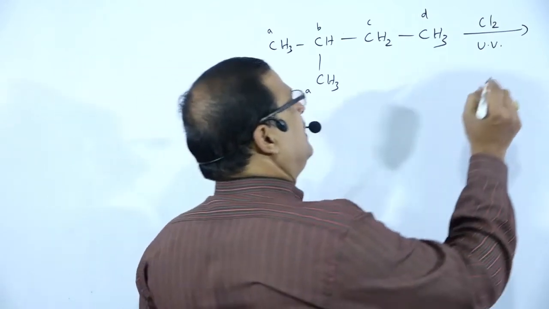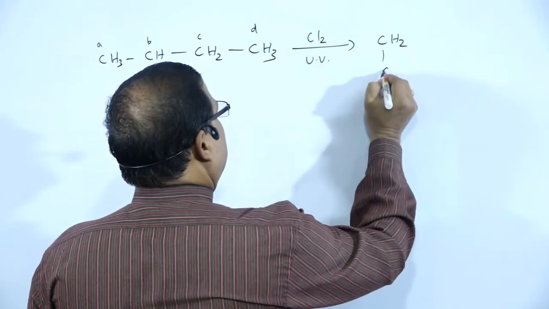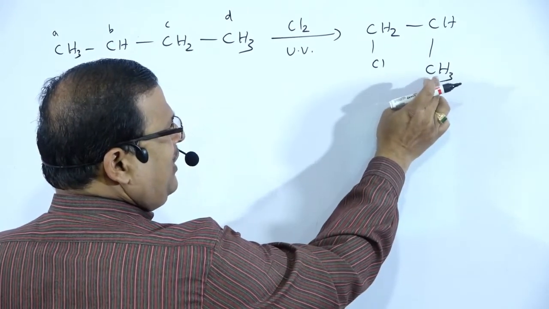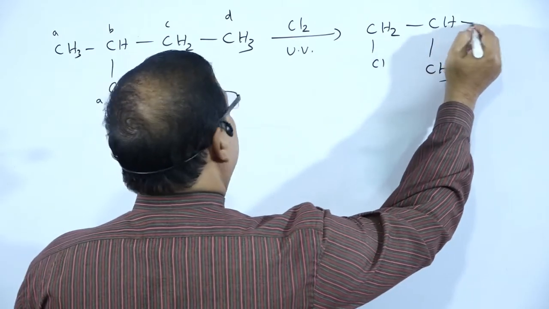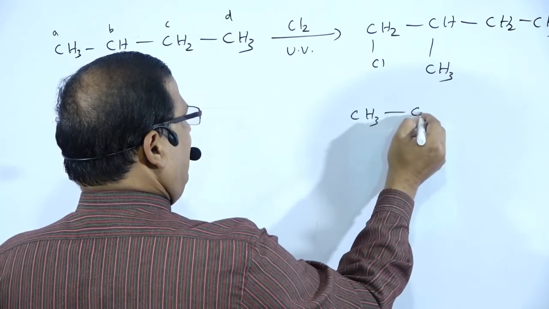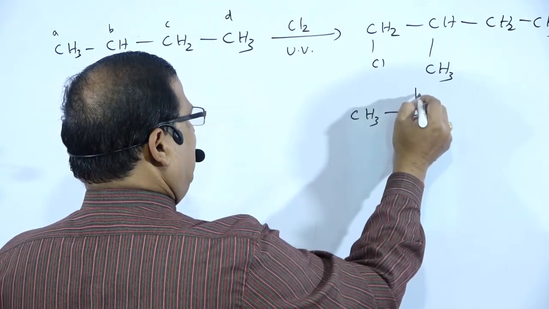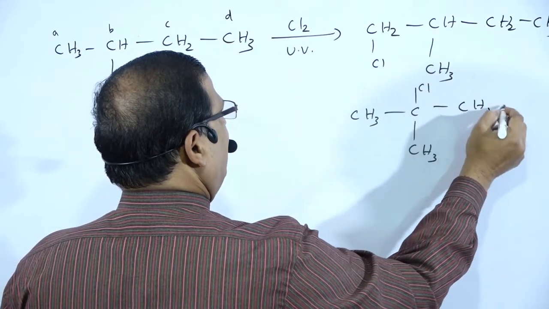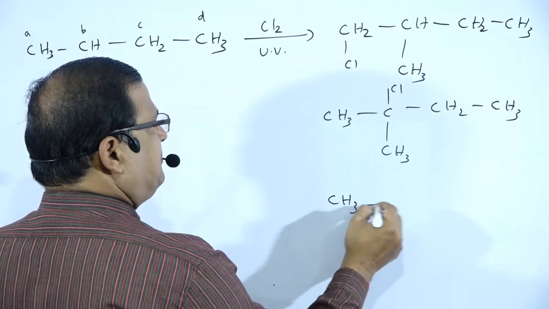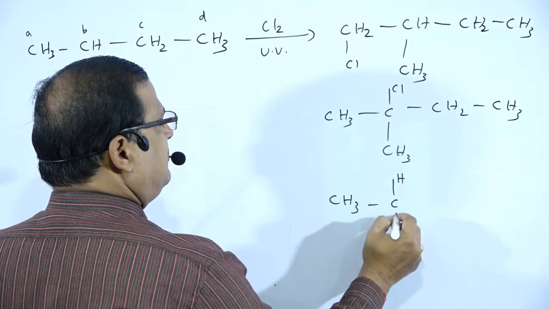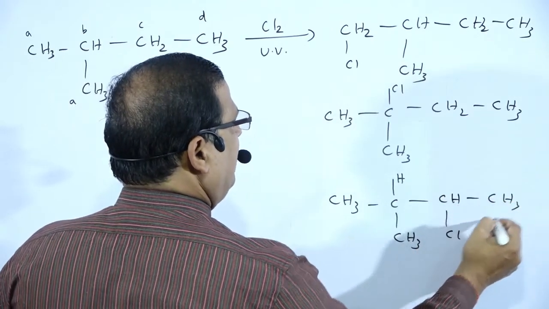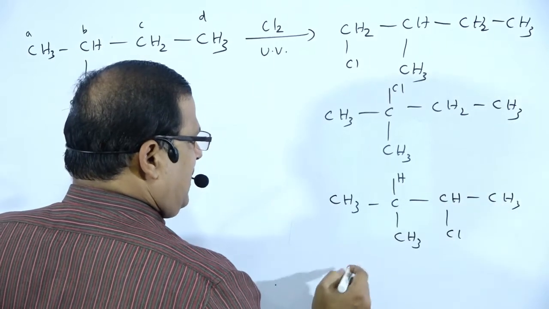Then what are the products? That is CH2Cl-CH-CH2-CH3, if we replace a hydrogen atom from this one; or you can take the B hydrogen atom replaced by chlorine, or the C hydrogen atom replaced by chlorine, or the D hydrogen atom replaced by chlorine.